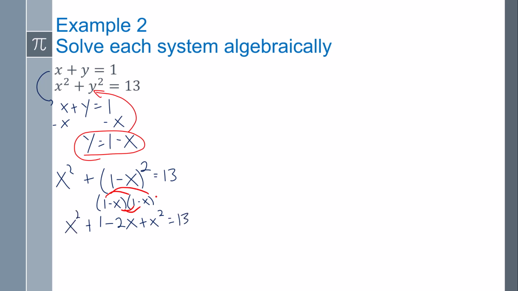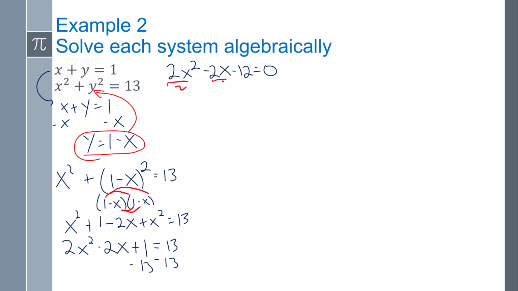Now it's quadratic. I can combine like terms together. So x squared and x squared is 2x squared. And because it's quadratic, I want it to equal 0, so I can subtract 13 on both sides. And so now, notice there's a 2 in common, so I can divide everything by 2 since we're solving, and I'm going to get x squared minus x minus 6 equals 0.